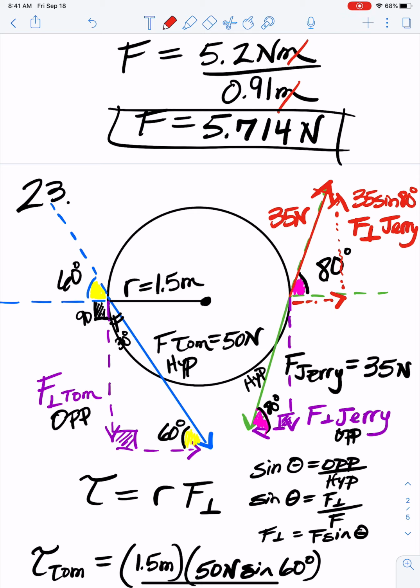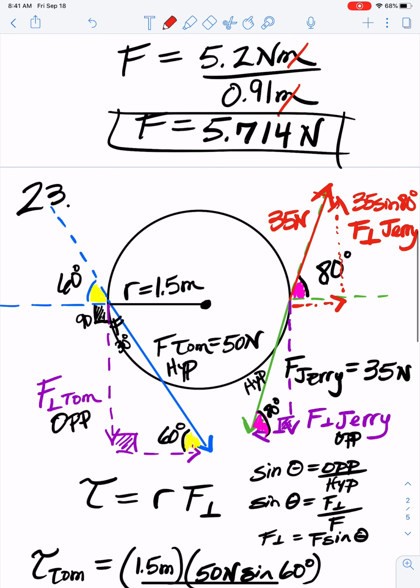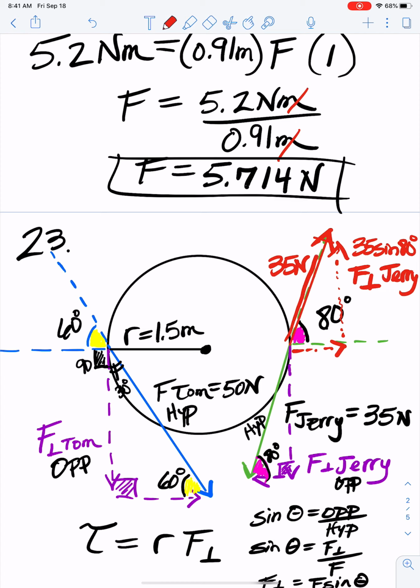It's the same situation as far as how much torque Jerry does, but one thing changes. Now he's pushing this way. So by pushing in this direction, the torque is going to be this way, and this is counterclockwise, so this is positive.